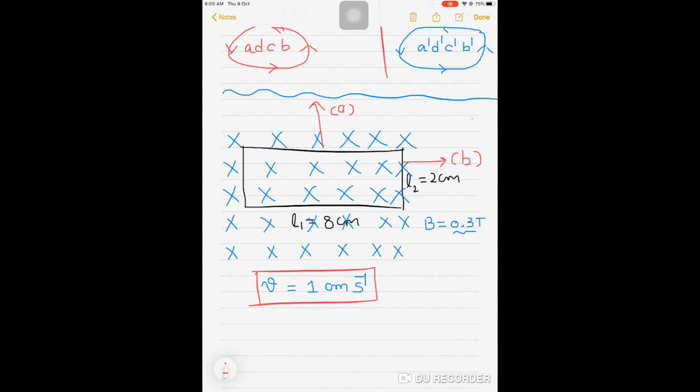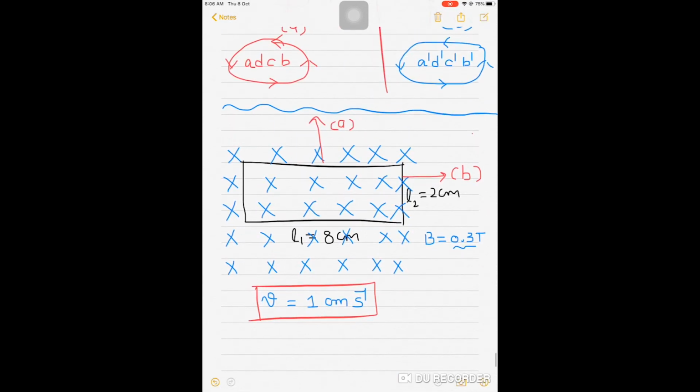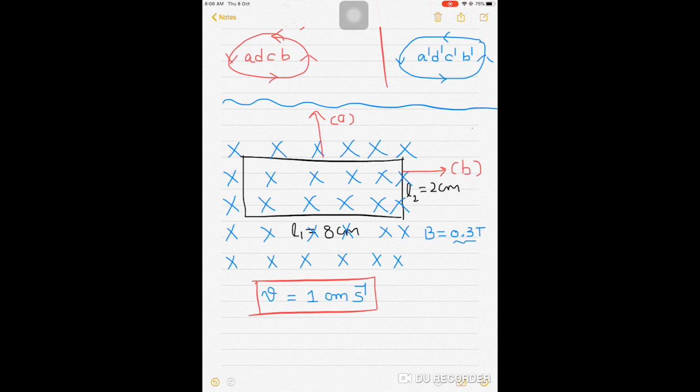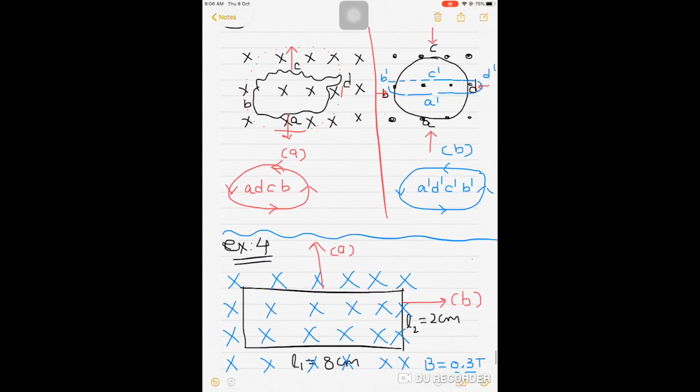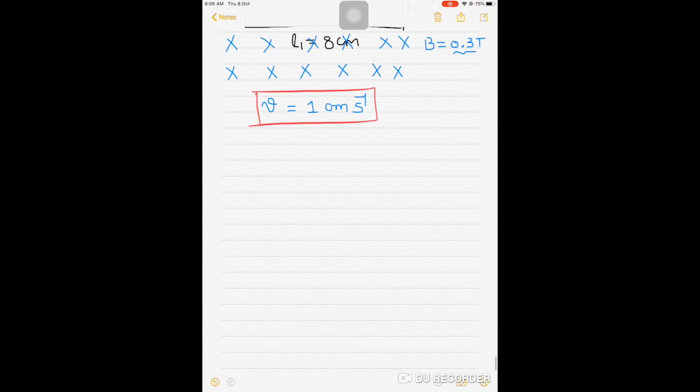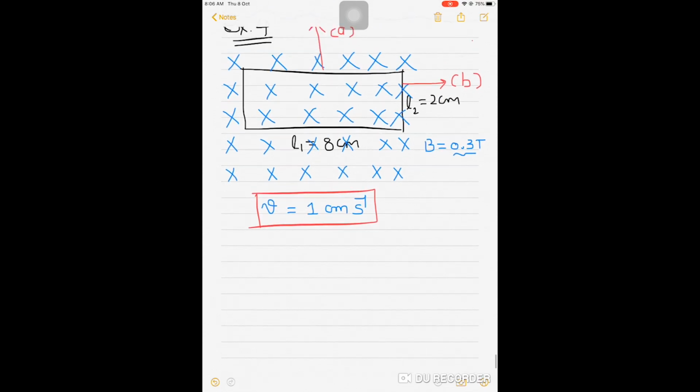Whatever conditions are provided, we follow the given condition. Our example number 4 is there. The previous one was example number 2. Now we are considering example number 4 on the basis of the figure given. So here everything is converted into the MKS or SI system.